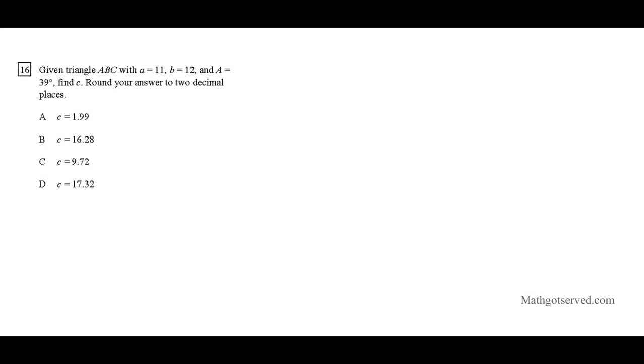Let's take a look at question 16. It says, given triangle ABC with a equals 11, b equals 12, and big A equals 39 degrees, find little c, rounding your answer to 2 decimal places. What we're going to do here is draw a shape of the situation. So there goes my standard triangle ABC, not drawn to scale.